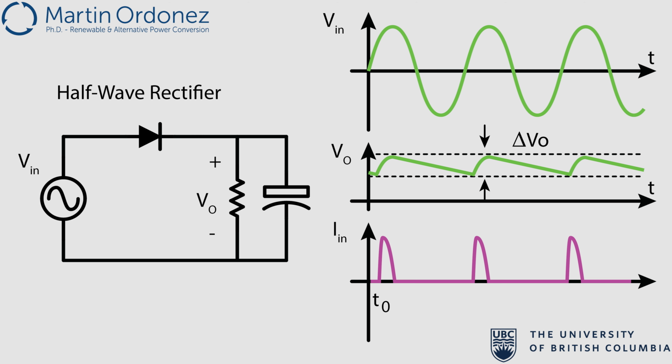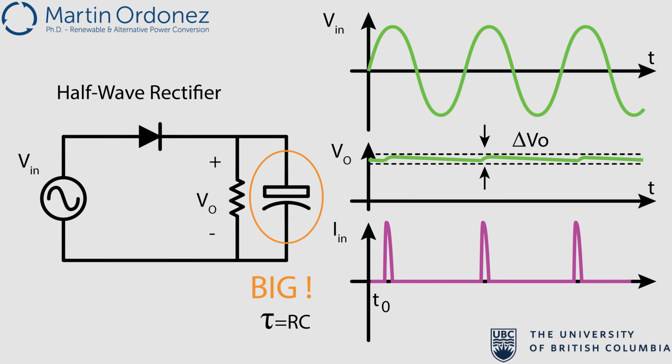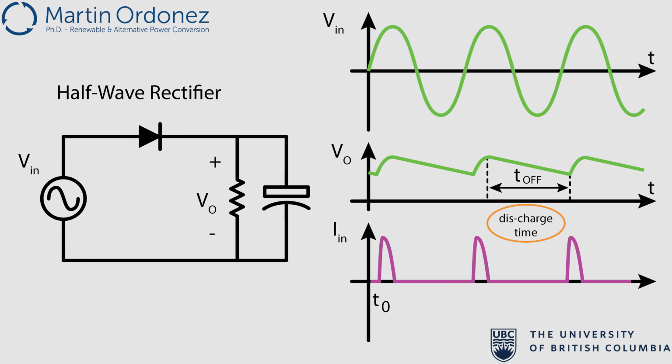Now, in order to make this voltage ripple even smaller and make it more of a pure DC voltage, either we need to use a bigger capacitor to make the time constant larger or to make the diode off time smaller. How can we do that?